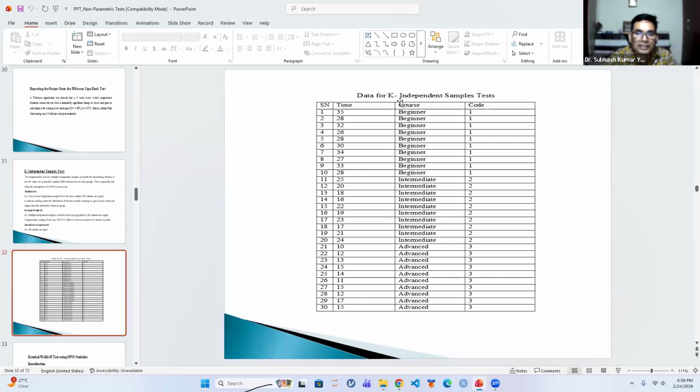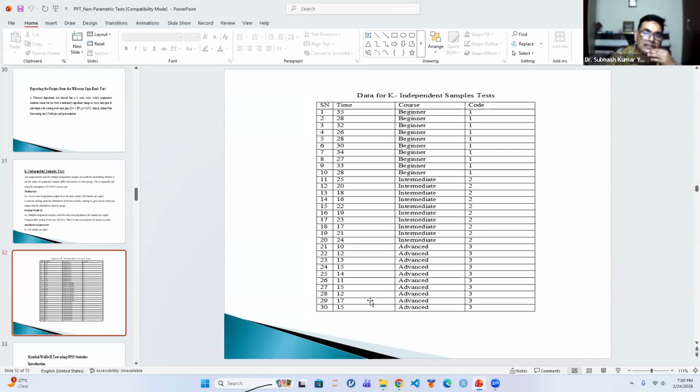Say they are recording the typing time for a particular number of words. The person is taking 35 minutes, 28 minutes, 32 minutes, like that, when they are beginners, and comparatively less time at the intermediate stage, and at the advanced stage they have these times to complete typing that particular matter.